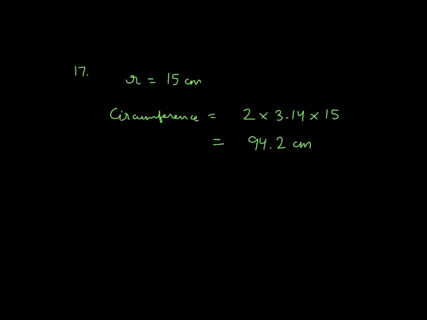This is the circumference of the circular clock. So a minute hand will complete one complete revolution of this. So this is the same as the distance covered by the tip of the minute hand.